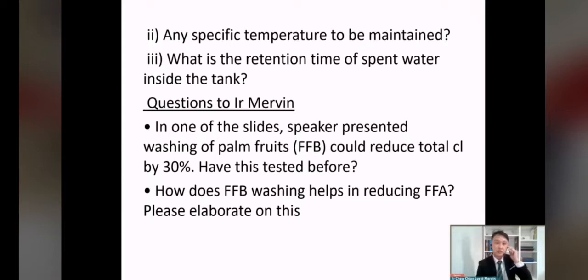Regarding the second question, how does FFB washing help to reduce FFA? Yes, these findings actually caught us by surprise when we did the trials. So what we can postulate here is, there are two possibilities. Number one, during the FFB washing, some of the oil, especially the outer layer, which contains high FFA, was washed out.